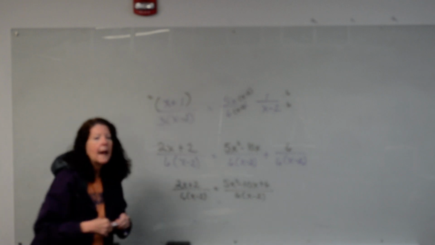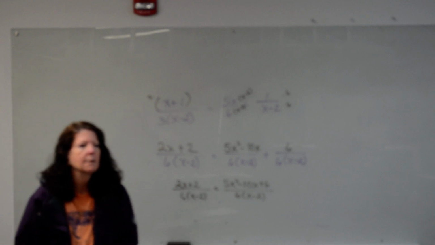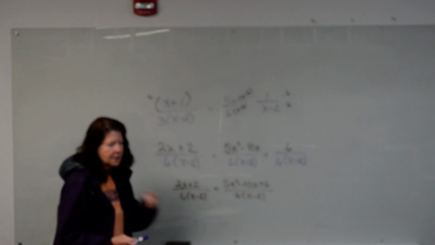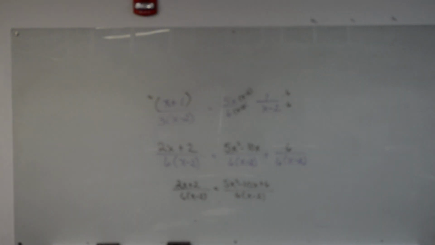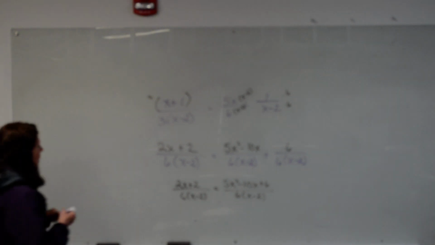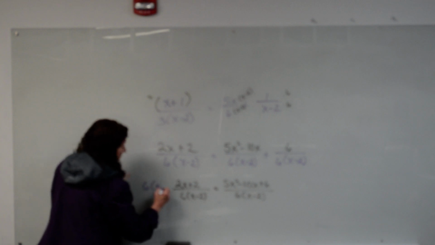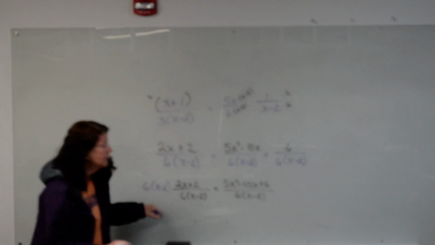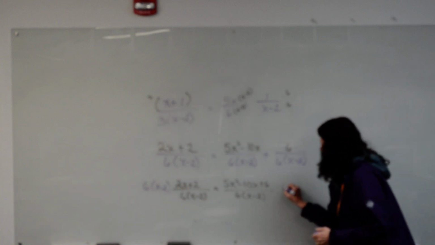Okay? Now, this is why I did a common denominator all the way across. How do I get rid of something that's on the bottom of a fraction? That's it. Multiply it. So if I multiply both sides times 6 times x minus 2, what I do to one side of the equation, I do to the other side of the equation.